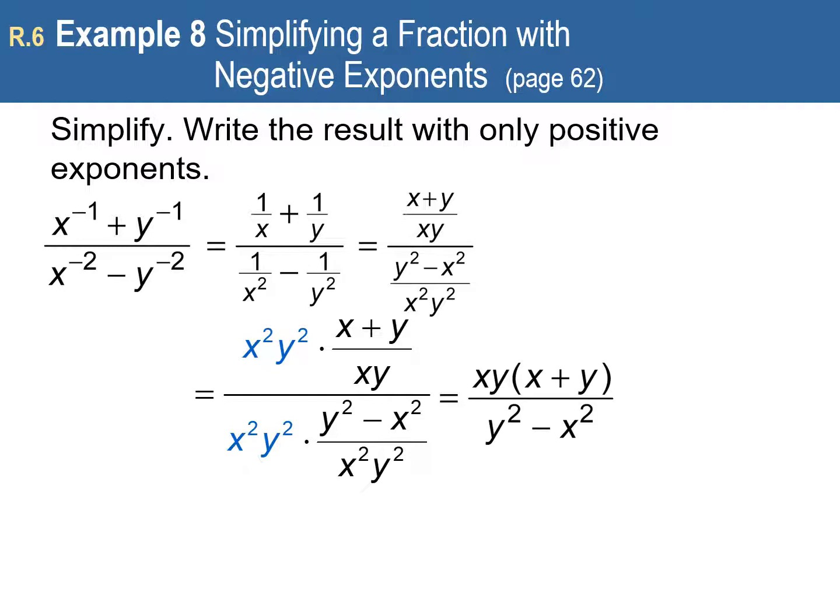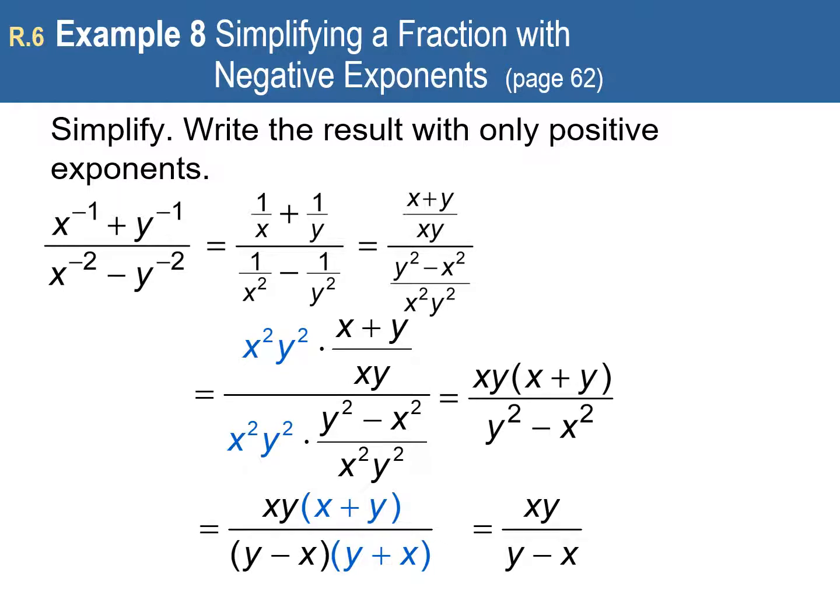When I distribute that, I get x times x plus y divided by y squared minus x squared. I see that I have a common term here when I factor the denominator, and it reduces to xy divided by y minus x.